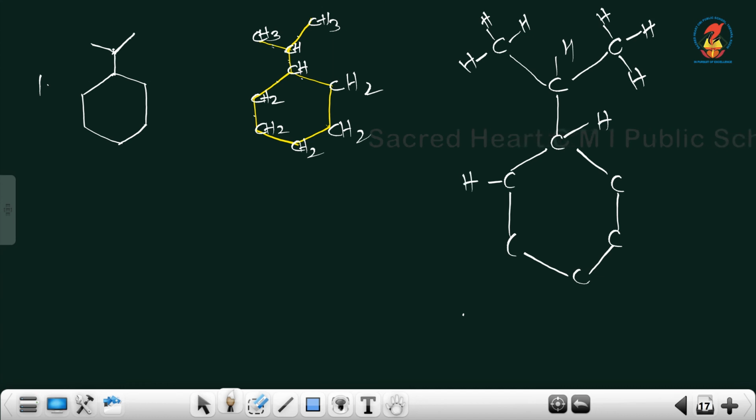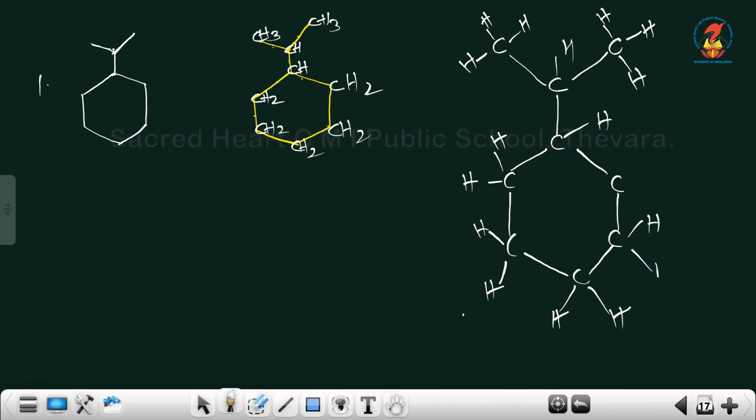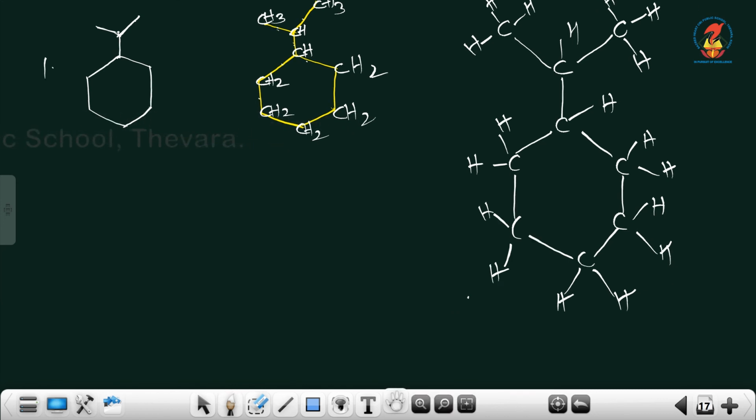On this carbon 2 hydrogen, on this carbon 2 hydrogen. This is the completely expanded structural formula of this bond line representation.